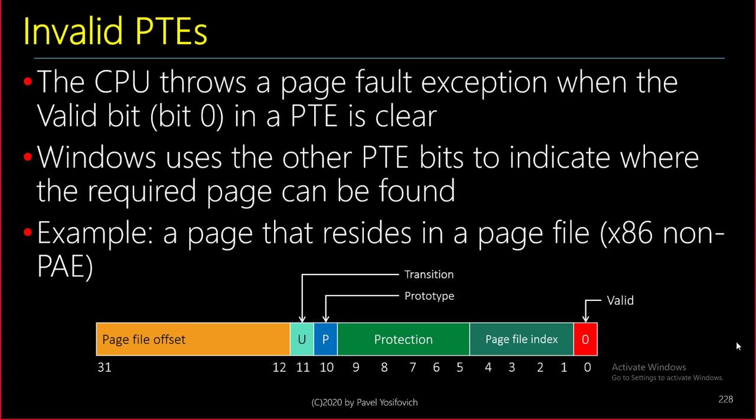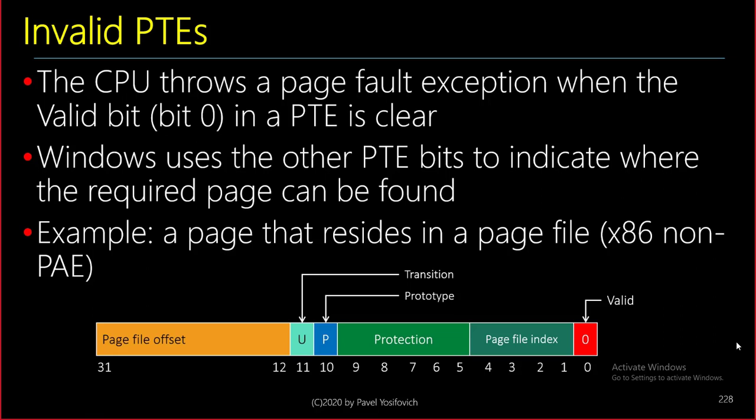And also, if you look at a case where the page is actually in the page file, the memory manager needs to know where it is in the page file. So at what offset of the page file is it? So where would the memory manager store this information? One way is to have some crazy other table that maps every invalid PTE to where it's stored on disk.